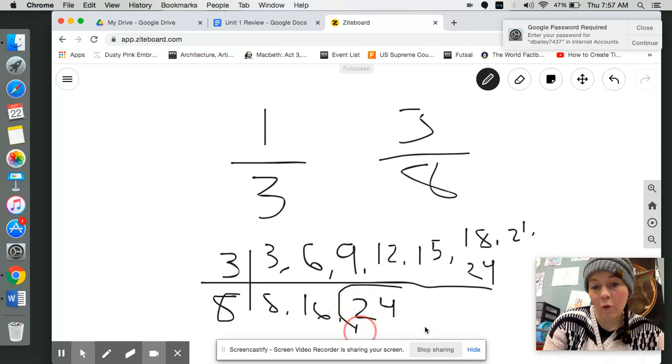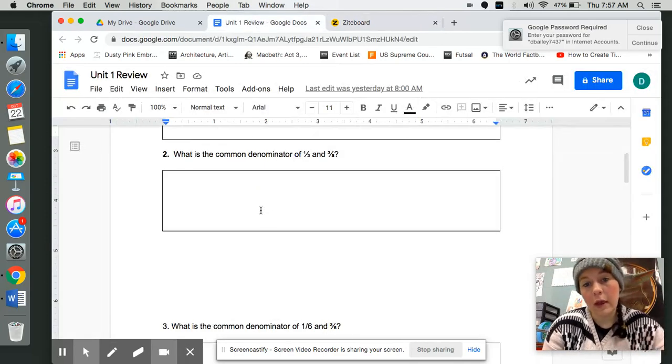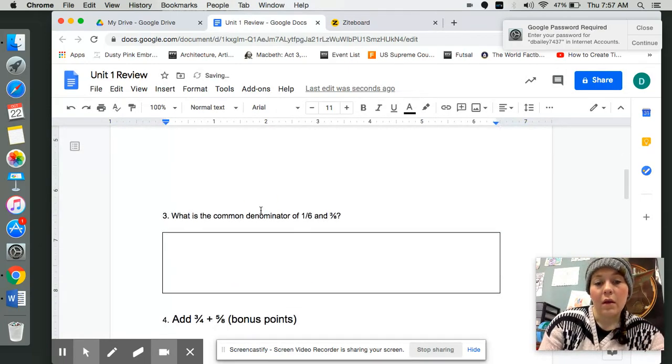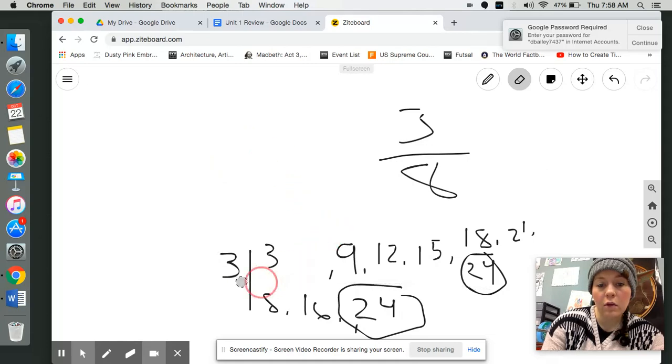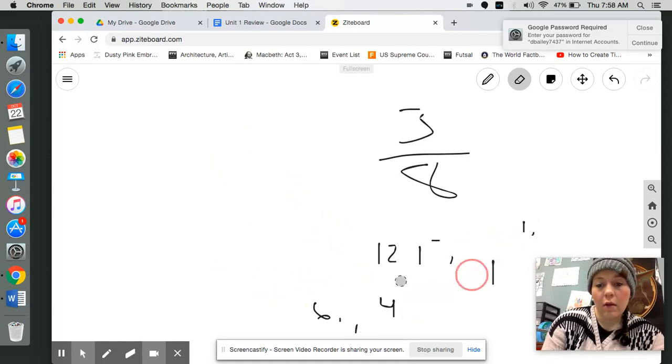Okay, 24 is our common denominator, so you would go back over to number 2 and type 24 in the box. All right, now number 3, 6 and 8. So you need to find the common denominator of 6 and of 8. So to do that, you are going to list all the multiples of 6 and 8 and find one that is the same.